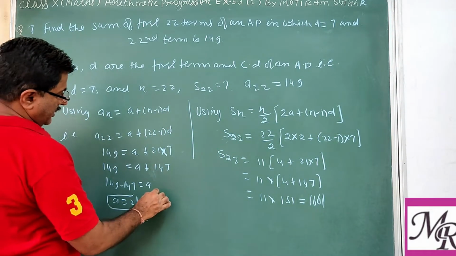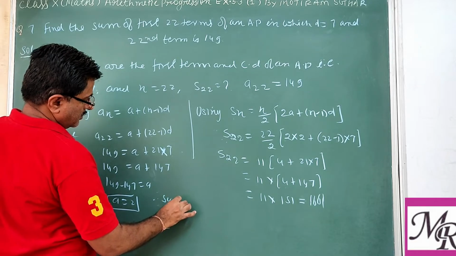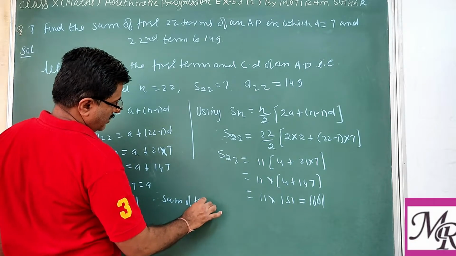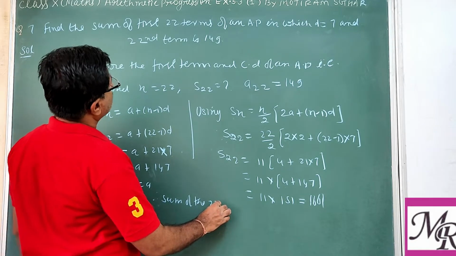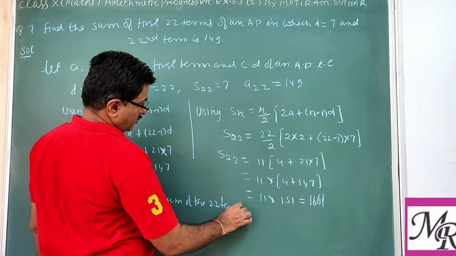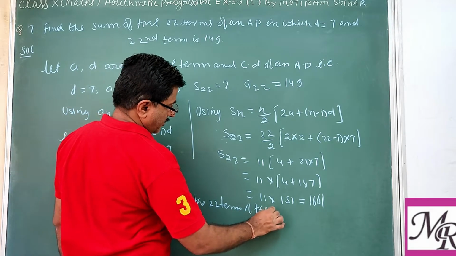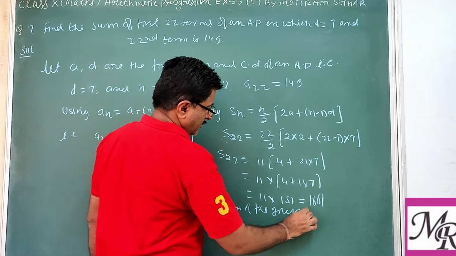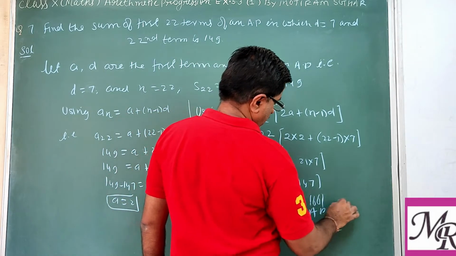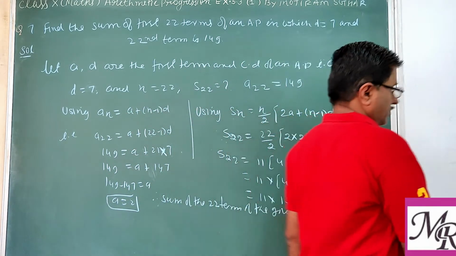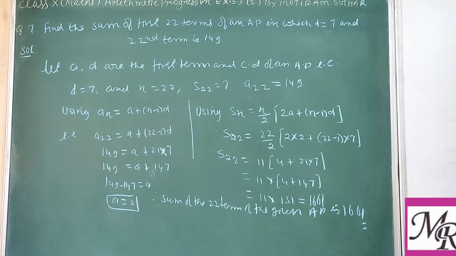So we can say at last, the sum of the 22 terms of the given AP is 1661.